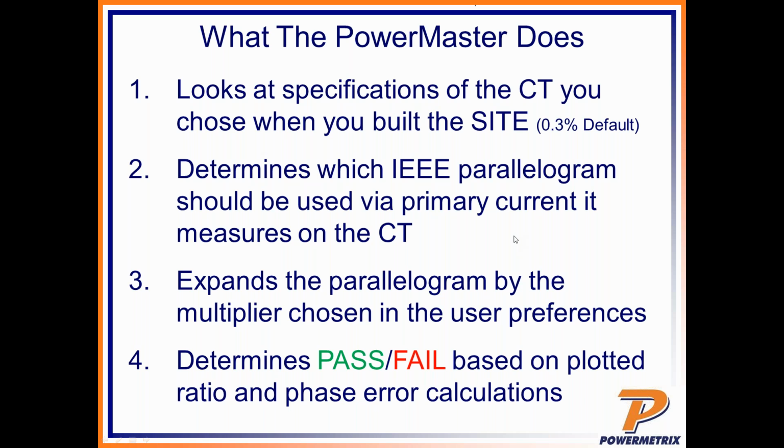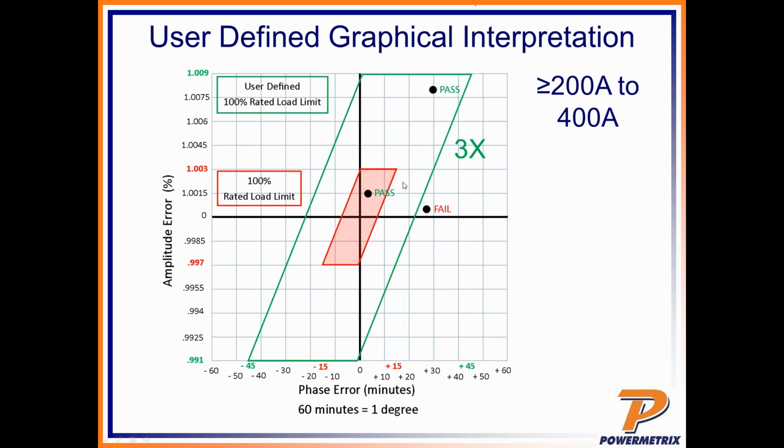So if you look at it, say once again, we're looking at our 0.3% parallelogram, 100% rated load. And we've chosen a 3 times specification. That turns this 0.3% limit into 0.9%, okay? And also what's going to grow is your phase error limit. So instead of 15 minutes or 1/4 of a degree, we now get up to 45 minutes or 3/4 of a degree.